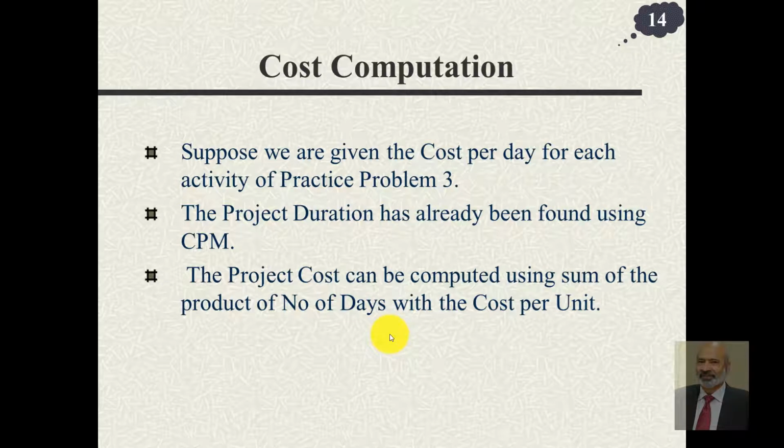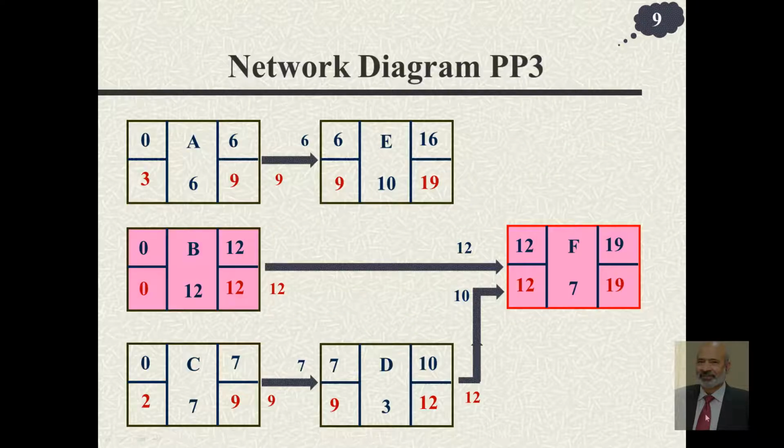How do we compute these costs? Suppose we are given the cost per day for each activity of practice problem 3. So we'll apply this method on practice problem 3. The project duration has already been found using CPM, and that project duration was 19 days, and we want to reduce this from 19 days to as low as possible.